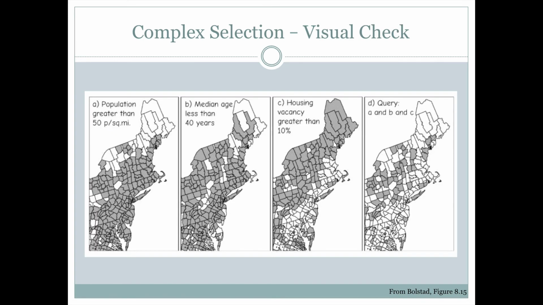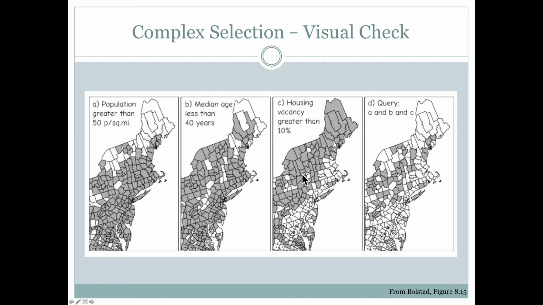As I mentioned with the selection criteria, the AND statement tends to limit our choices or make them smaller because everything has to be true. In this example, we can see that there's a lot of counties that have population density greater than 50 people per square mile in the northeastern United States. There's also a lot of counties that have median age less than 40, and a good number of counties that have housing vacancy greater than 10%.